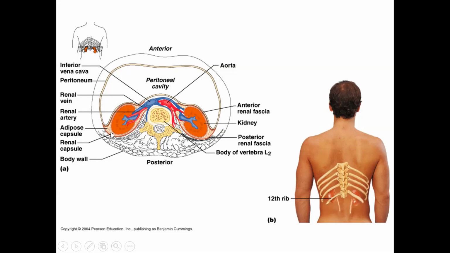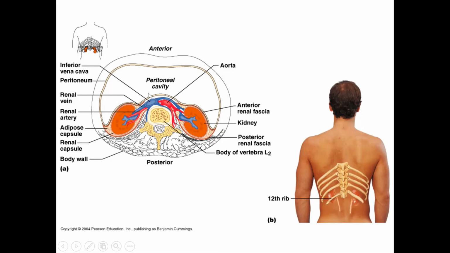And outside of the adipose tissue, there's another connective tissue layer called the renal fascia. So basically, those are the 3 layers on the surface of the kidney to protect it. Of course, outside of that, we have the bony protections.